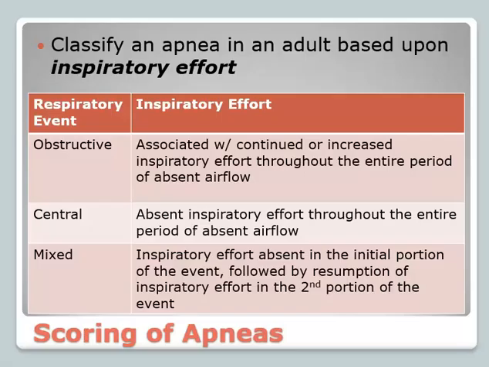Their airway's closing up, but they still have the drive to breathe. Sometimes you'll see that the effort at the beginning of the event is a little bit low, and then it gets bigger and bigger as they continue to struggle to breathe against an occluded airway. You might also see paradoxical breathing, where their chest and abdomen are out of sync with each other as they struggle to breathe. Let's do an experiment. Let me come and choke you, and let's see how your stomach moves as you struggle to breathe.